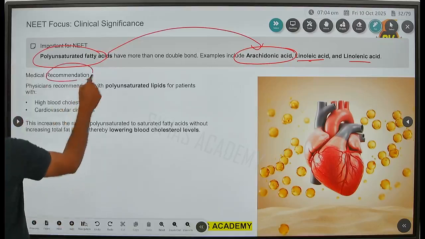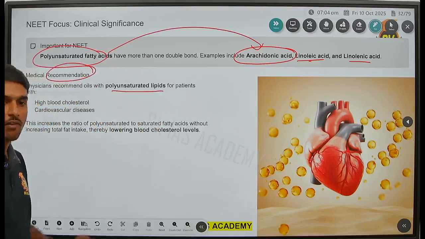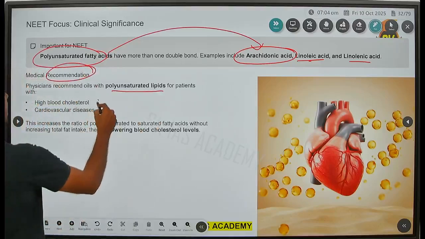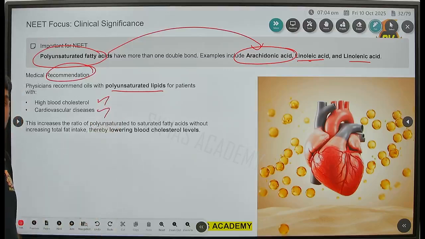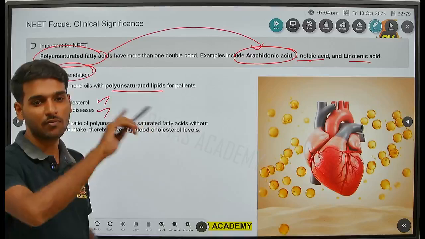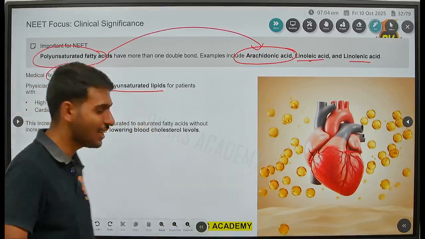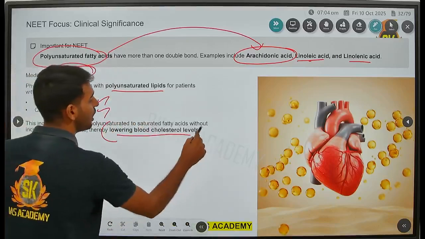Medical recommendation by doctors is polyunsaturated lipids, advisable for patients who have high blood cholesterol and cardiovascular diseases. Which is advised? Polyunsaturated. If he consumes saturated, that's all finished. Because it lowers blood cholesterol levels.